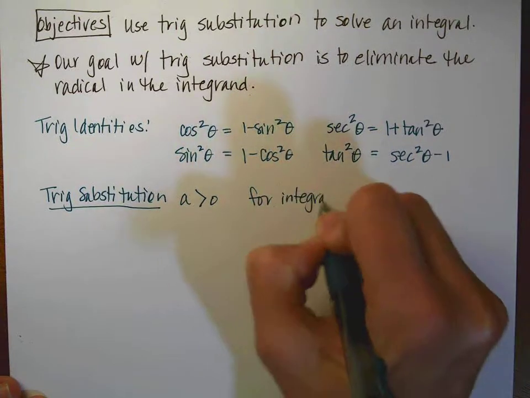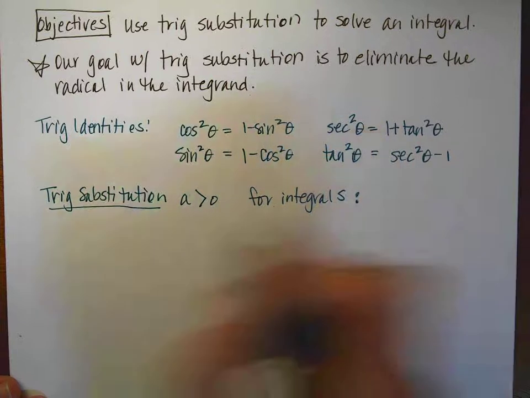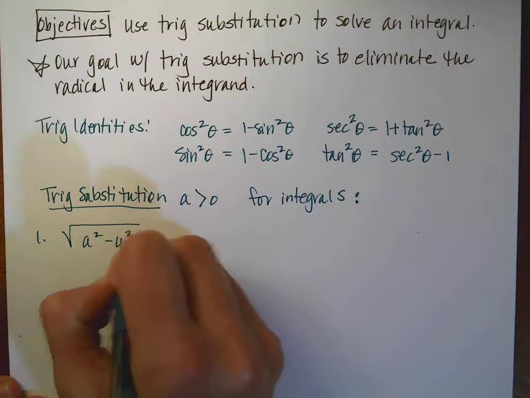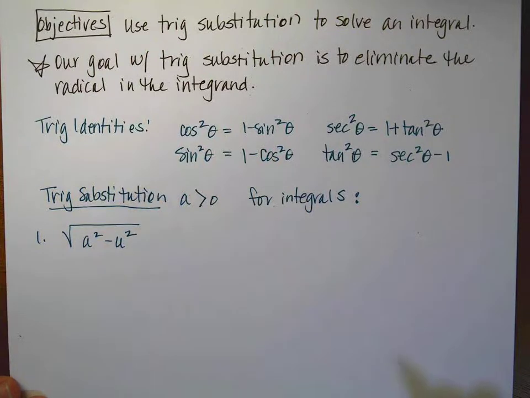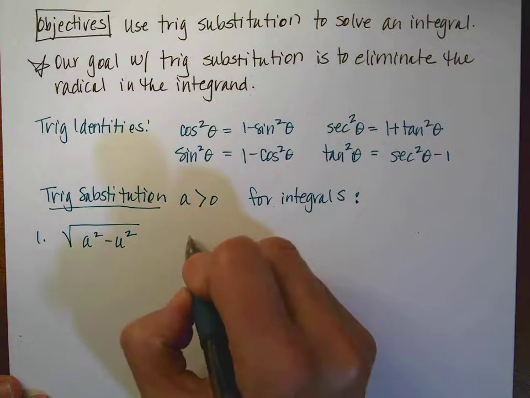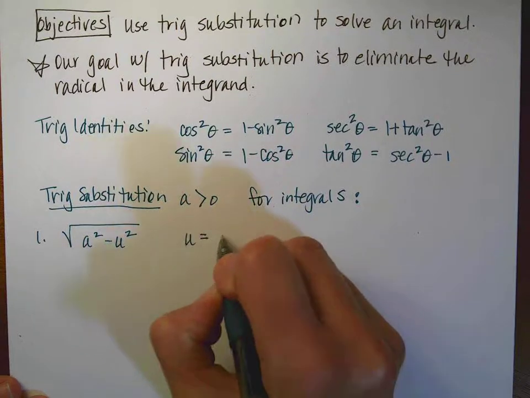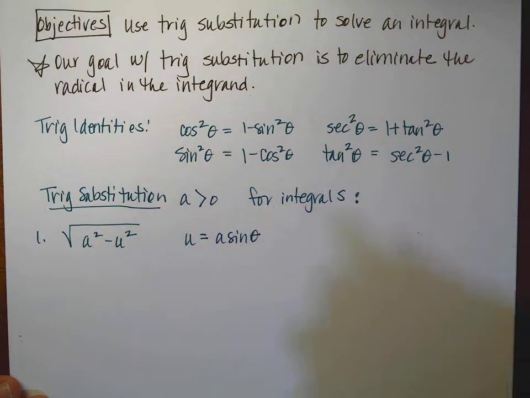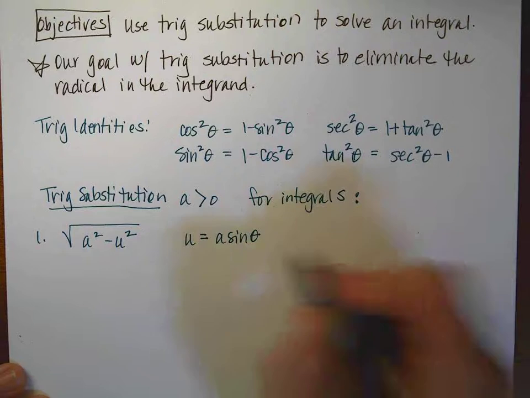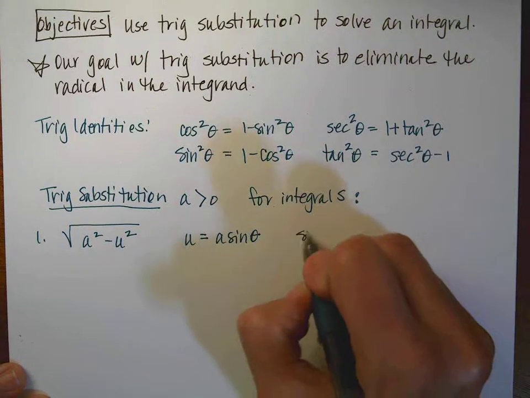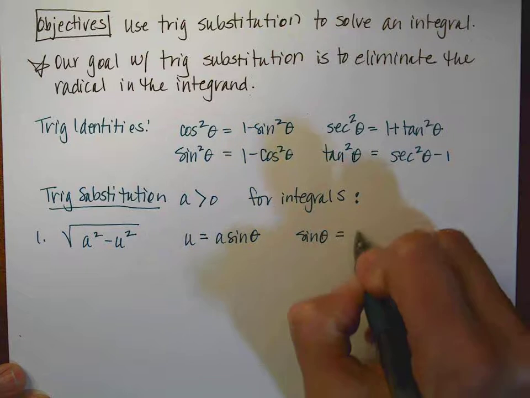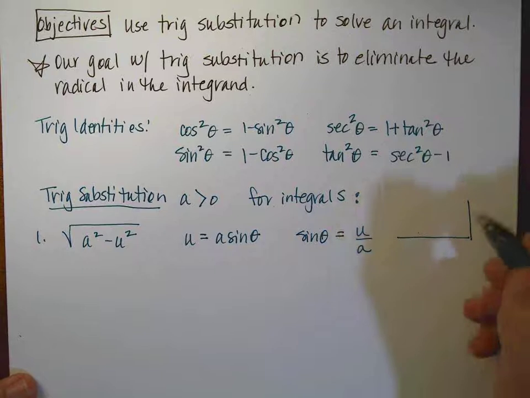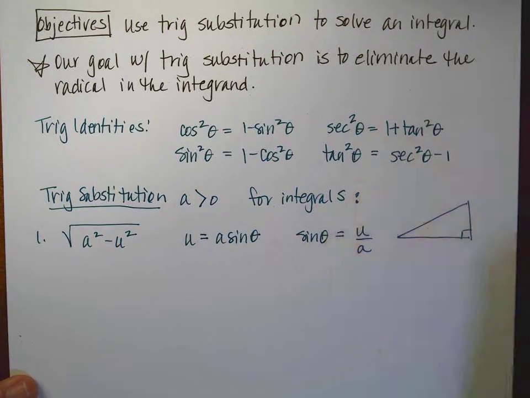The first one says if I have a squared minus u squared, and we've already done some trig substitution in the earlier parts of the year, I'm going to let u equal a sine theta. And then I'm going to draw my handy-dandy little triangle.